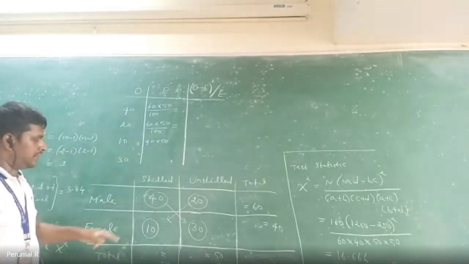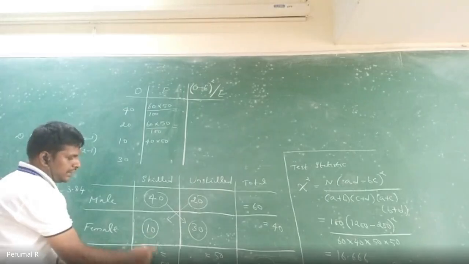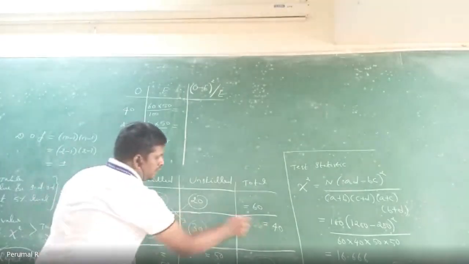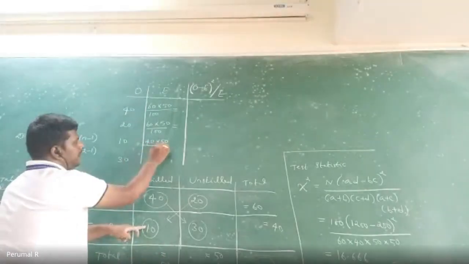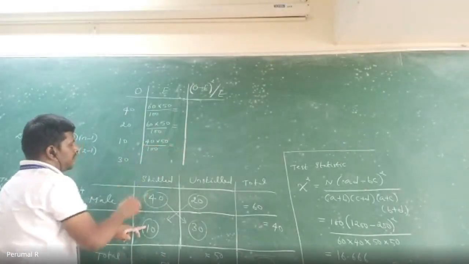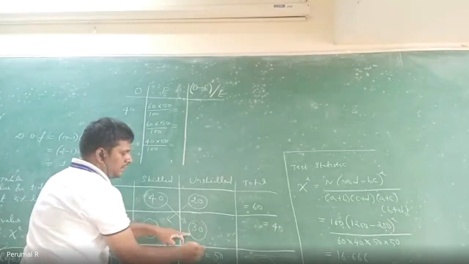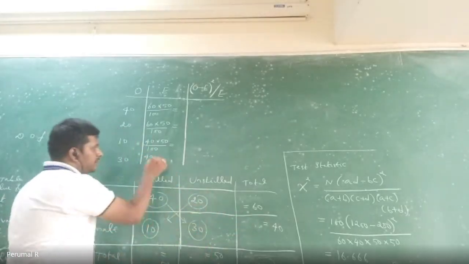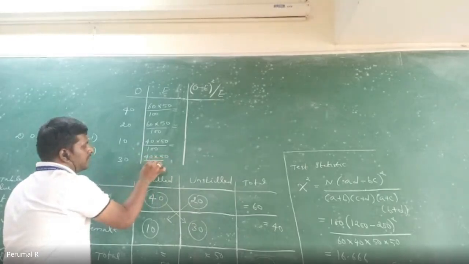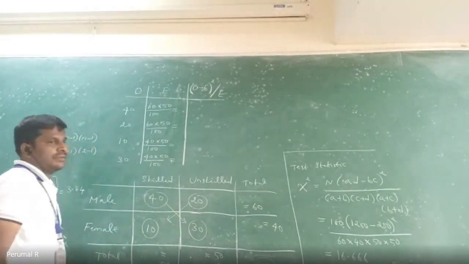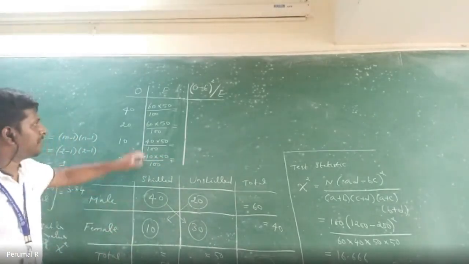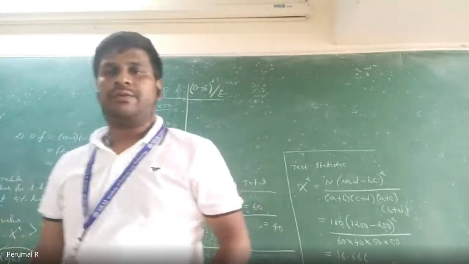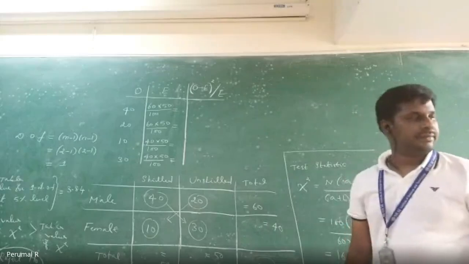Now for 10, the row total is 40 and the column total is 50, so 40 into 50 divided by 100. Next, 30 is present in the row with total 40 and column total also 50, divided by 100. In that way you can compute. Any doubt for computing the expected frequency?